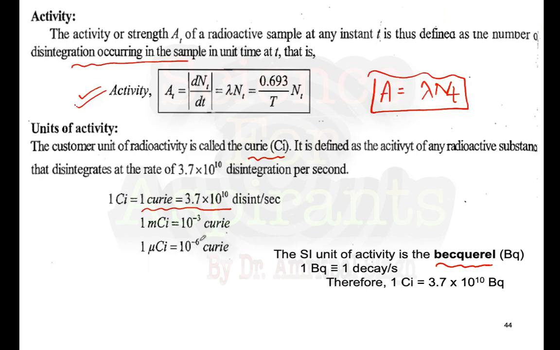Most of the time we use the units millicurie or microcurie. So 1 microcurie is equal to 10 raised to power minus 6 Curie, and the Curie unit is written as C and i. Some students get confused with this symbol, so it is written as Ci.